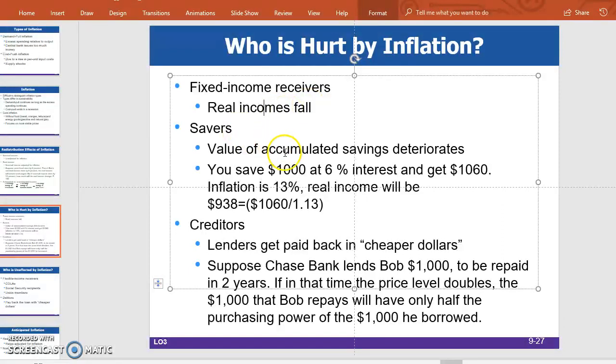Look at that. In here they give an example. You have saved $1,000 at a 6% interest rate and get $1,060 at the end of one year, right? But suppose inflation is 13%. Now you have to adjust your $1,060 for 13% inflation by dividing that $1,060 by 1.13, and then you see that in real terms, your income will be $938.